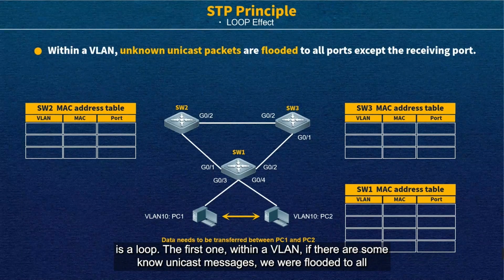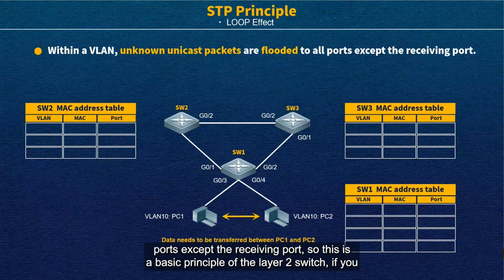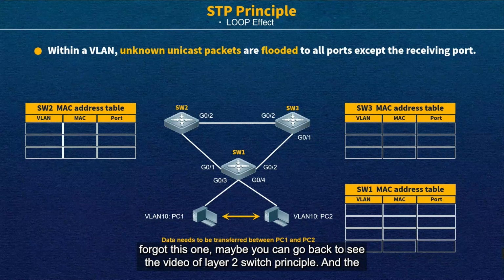The first one, within a VLAN, if there is some unknown unicast message, we will flood it to all ports except the receiving port. So this is a basic principle of the layer 2 switch. If you forgot this one, maybe you can go back to see the video of layer 2 switch principle.